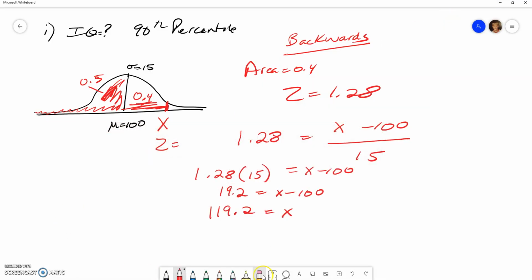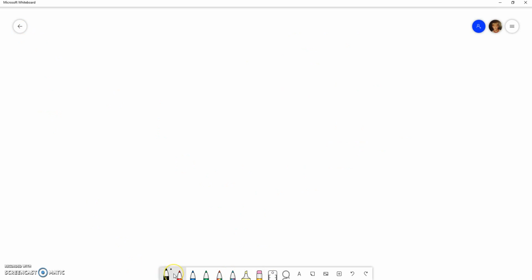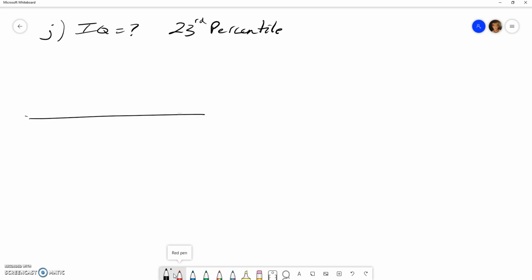So let's go back here. Let's erase this. And now let's go here. J is basically asking, what's the IQ point, which we don't know, for someone in the 23rd percentile. Let's draw this out. There is a normal distribution, average 100, standard deviation 15.